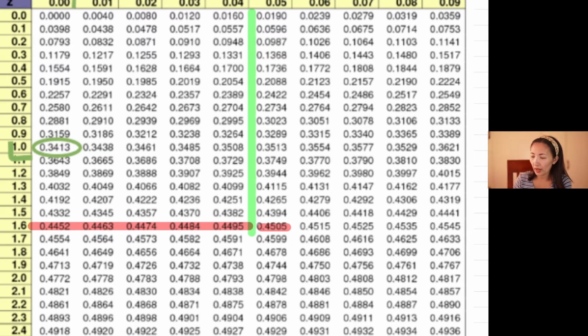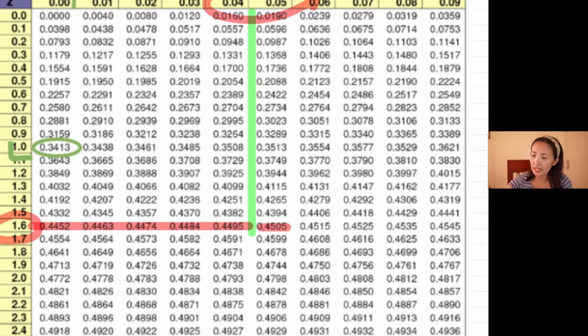So it's in between, which means that our z-score would correspond to 1.645. If we get the sum, 0.4495 plus 0.4505 divided by 2 is exactly equal to 0.45. So it must be 1.645.